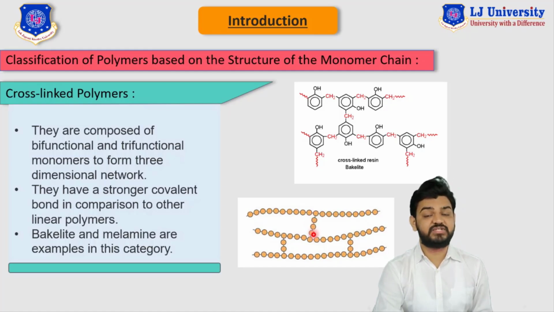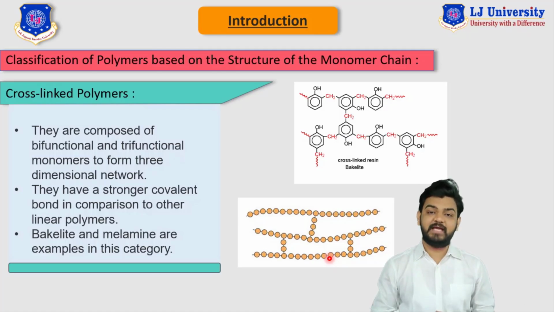But this branch is attached to another straight line or linear polymer, so we can say that this is the cross-linked polymer. They are linked with another chain of the polymer in a cross manner and form a complex three-dimensional network. So this was all about the classification of polymer based on the structure of the monomeric chain.